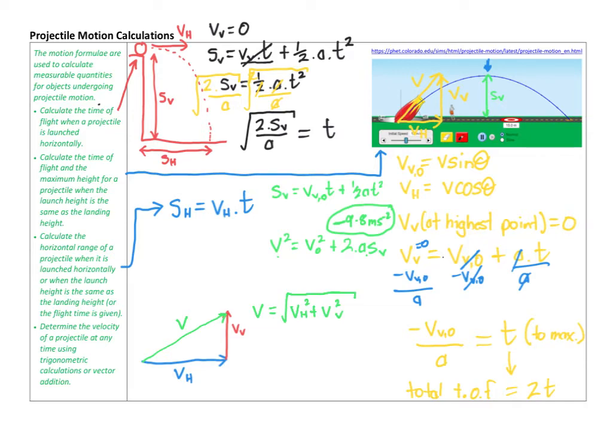And then if we want to work out that angle, we know all three sides of the triangle, so we can use sine, cosine, or tan to work out that angle.